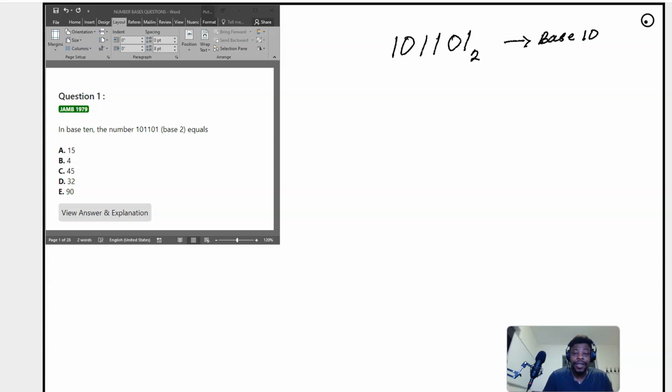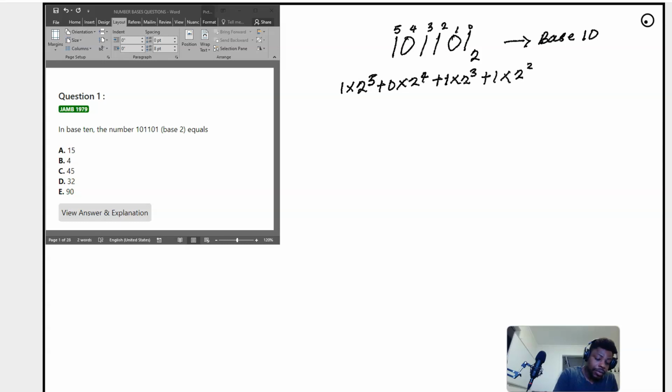This is done by successive multiplication. So you have 0, 1, 2, 3, 4, 5. So this is 1 times 2 raised by 5 plus 0 times 2 raised by 4 plus 1 times 2 raised by 3 plus 1 times 2 raised by 2 plus 0 times 2 raised by 1 plus 1 times 2 raised by 0.